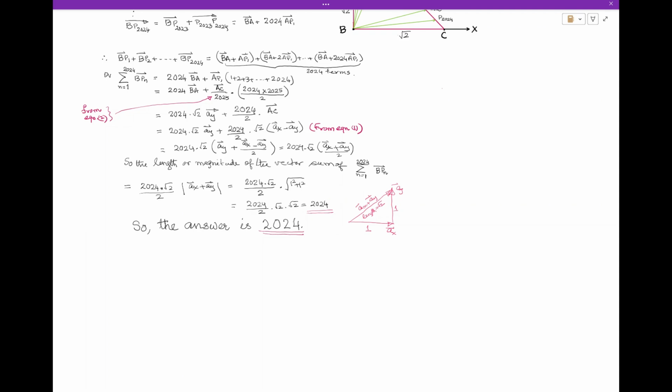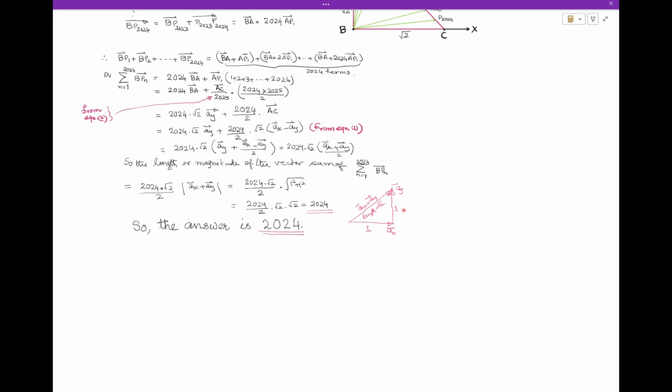Look at the diagram here. This is AX, it has a magnitude of 1 and direction along the x-axis. This is the vector AY, the direction is along the y-axis and magnitude is 1.